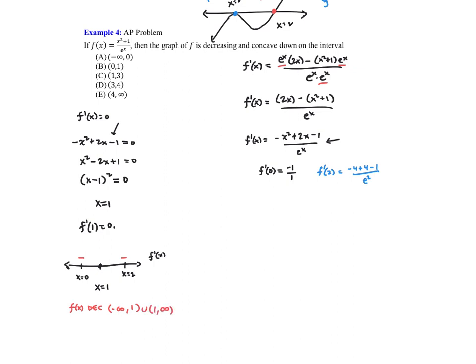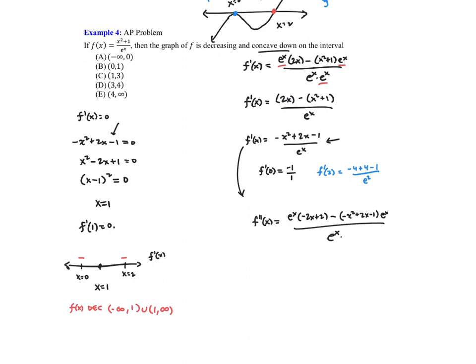Now we need to consider the second derivative. We want to know where the function is concave down. So I'm going to take the derivative of f prime, getting me f double prime. Got to use the quotient rule again. So that's low d high minus high d low. Derivative of e to the x is very nice. Over low low.